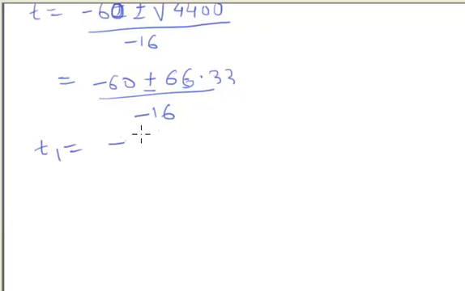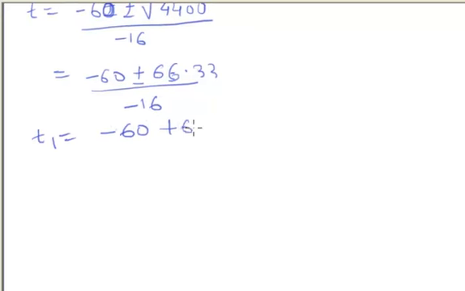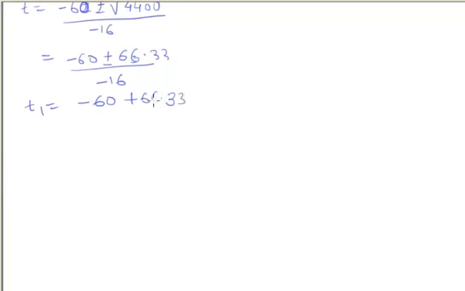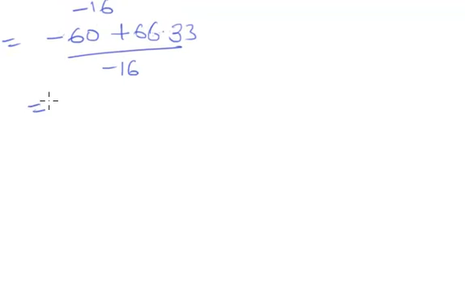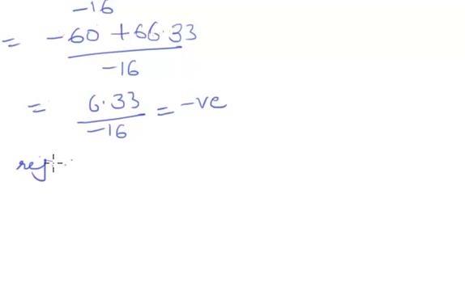First value is minus 60 plus 66.33 over minus 16, so this value comes out to be 6.33 over minus 16, so the value is negative, but time cannot be negative, so you have to reject this value. This value is rejected because of the negative value of t.